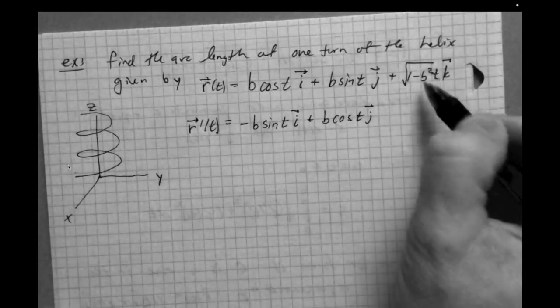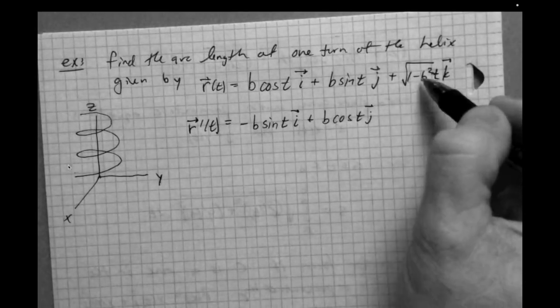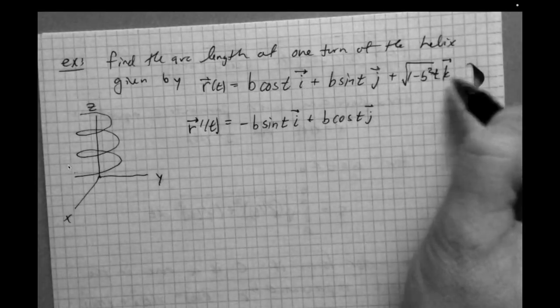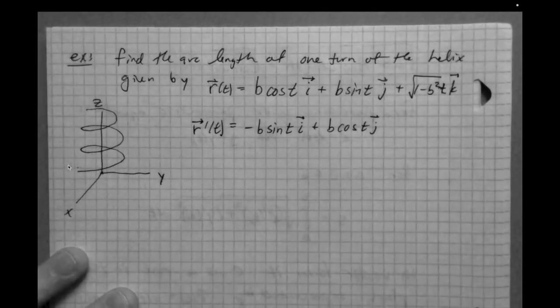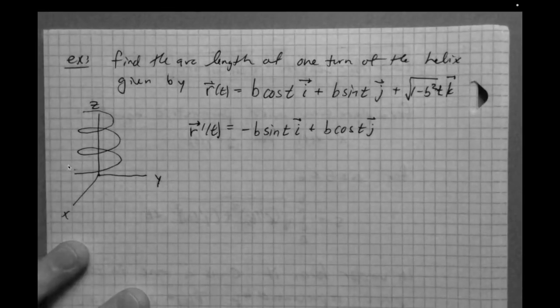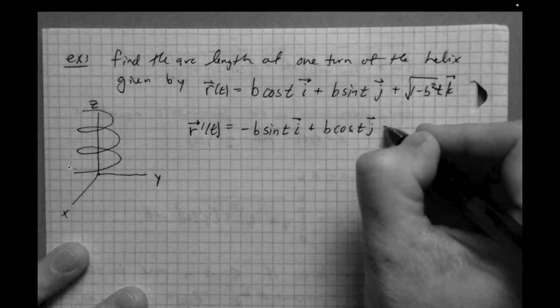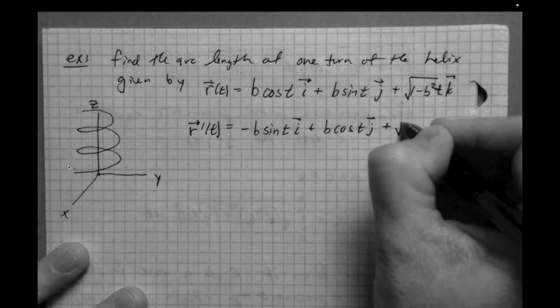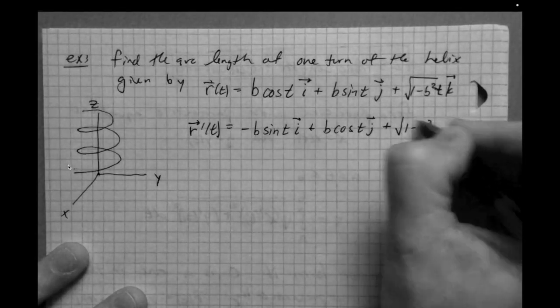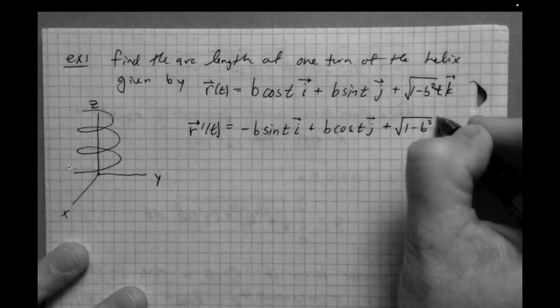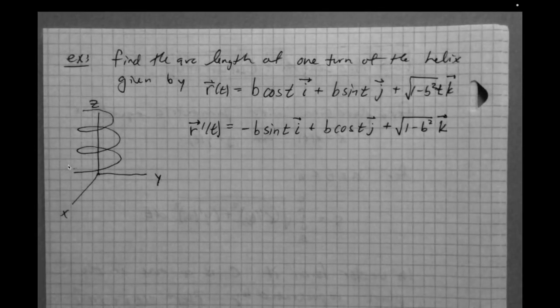Now what about this last term? Well, the square root of 1 minus b squared is just a constant, and t is the variable. So the derivative here is just going to be the constant, right? The variable would be raised to the 0 power after we differentiate. So it'll be plus the square root of 1 minus b squared times k. So that's your derivative.